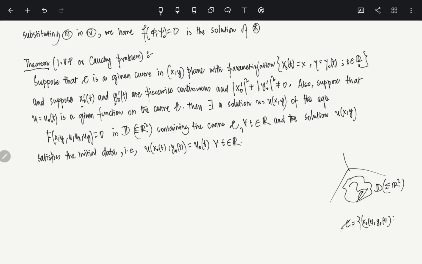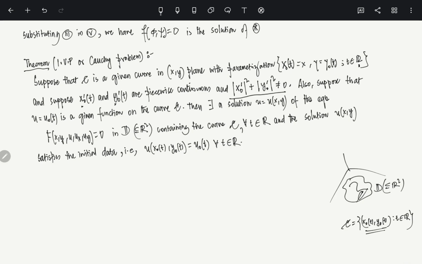Okay, and of course, t is varying somewhere in, let's say, R. Okay, now what we want is this curve to be piecewise continuous, and we also want the derivative of the curve to be piecewise continuous, and we also want this condition, x naught prime square of that and y naught prime square of that, that is non-zero. Essentially that will actually give you the guarantee that there is a tangent, yes, right? Otherwise if they both are 0, basically we can't talk about it.